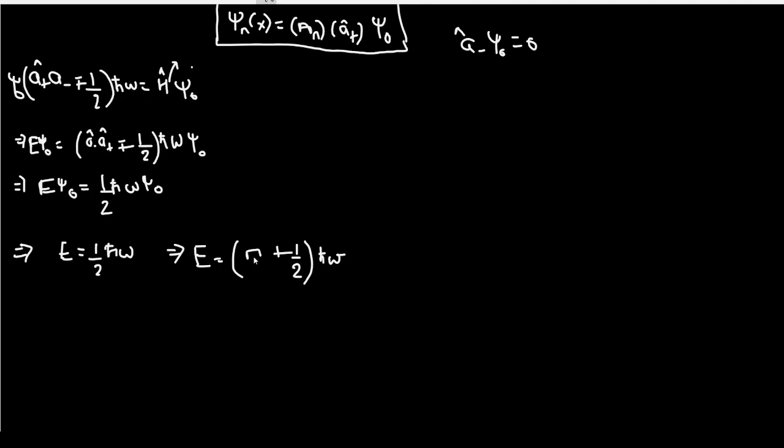A particle has a certain amount of energy even in the ground state, which is one half h-bar omega when n equals 0. A particle can't have zero energy in the harmonic oscillator. This is a remarkable thing in quantum mechanics and the harmonic oscillator.